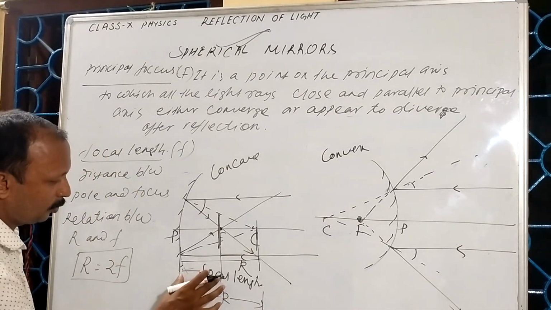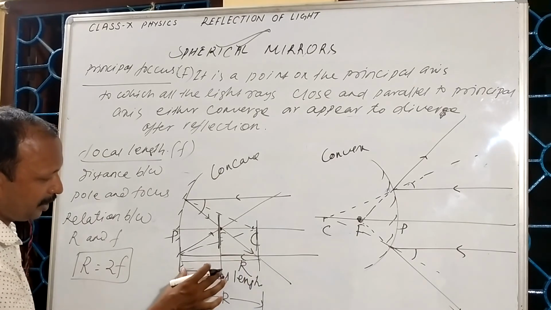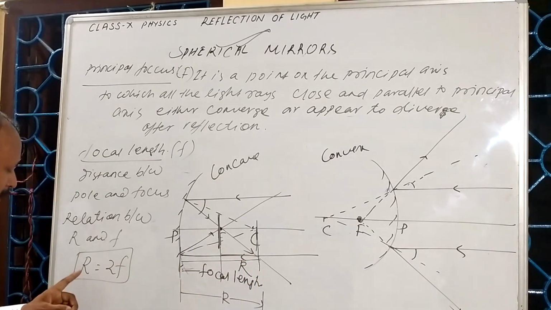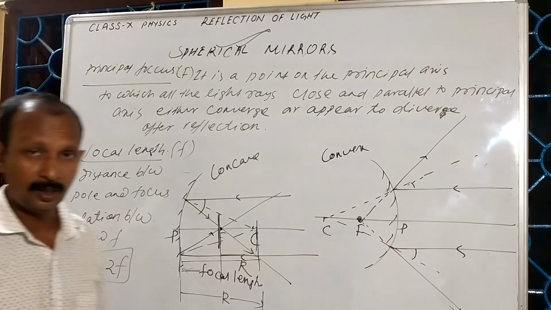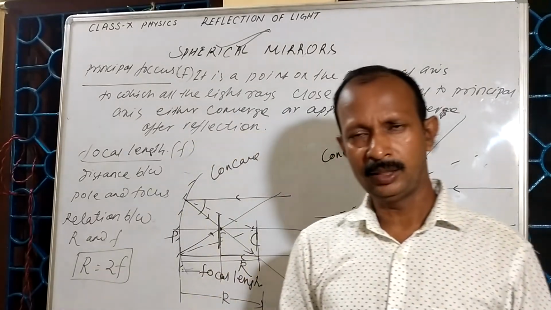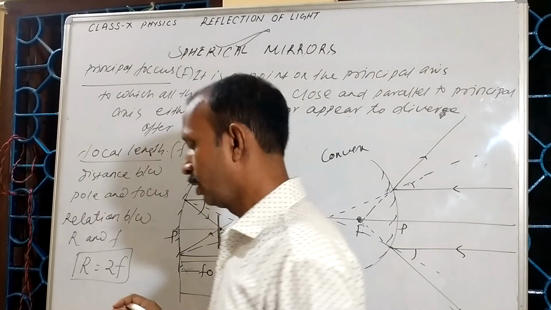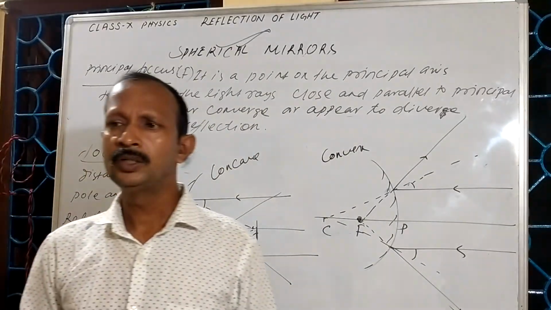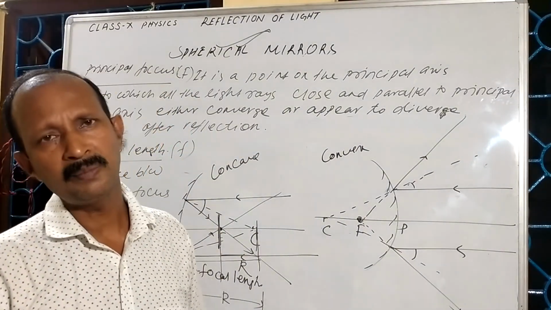Here to here is the focal length. Here to here f, here to here also f. That means R is 2 times f. Radius of curvature is 2 times the focal length. So these are the terms associated with the spherical mirrors.